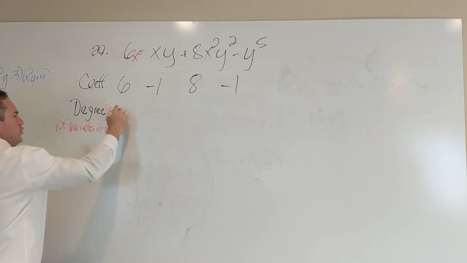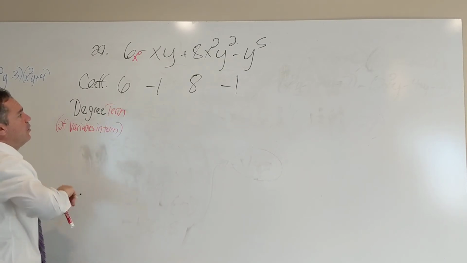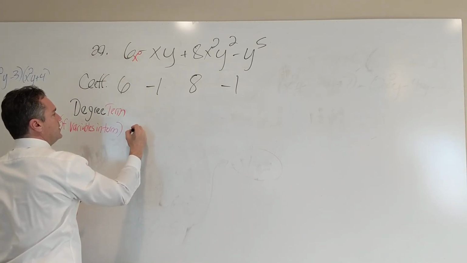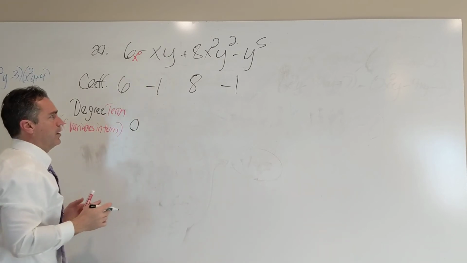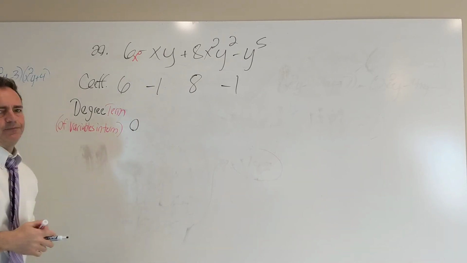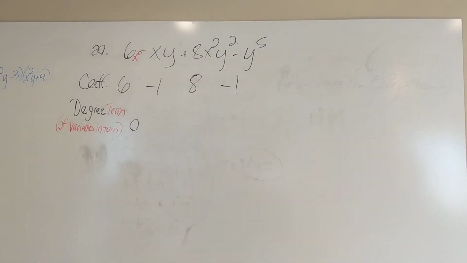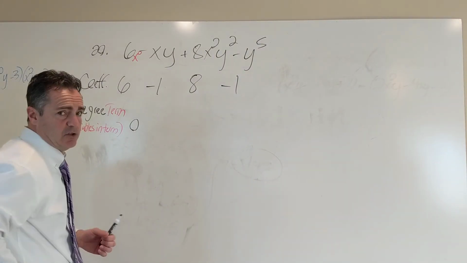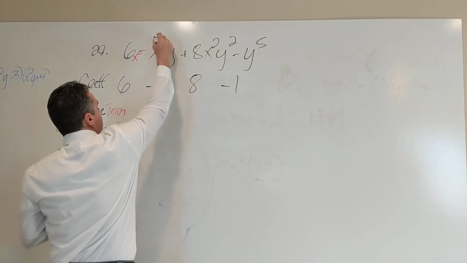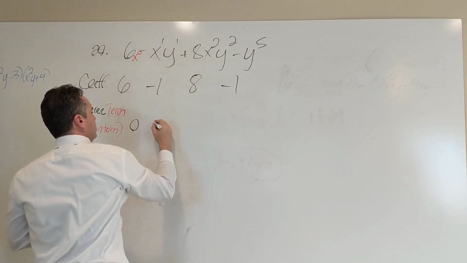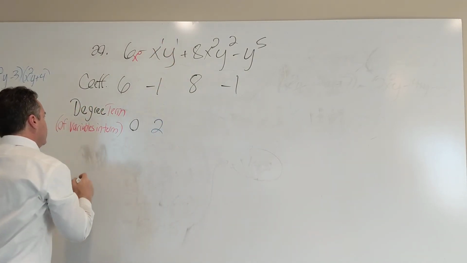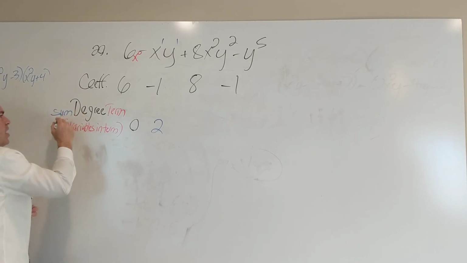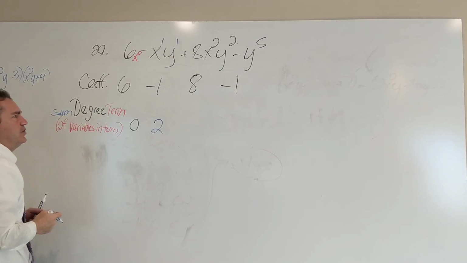This is the degree of each term. So this first one, the degree is 0, because there is no variable. Now what about the next one? And we did discuss this in class. Sometimes people say, oh, it's 1. Okay, but it is actually 2. If you said 2, you were right, because you have a 1 and a 1, and that adds up to 2. If we remember, it is the sum of the exponents of the variables in each term.